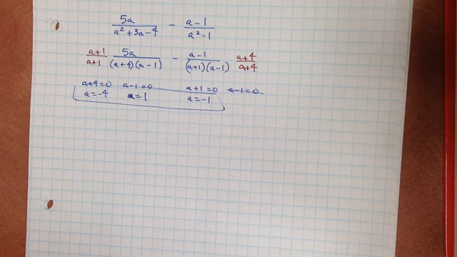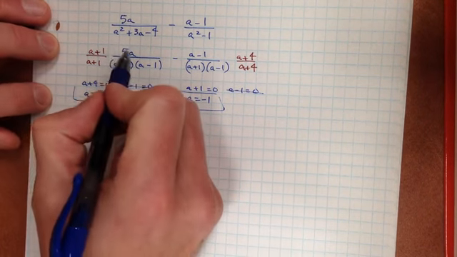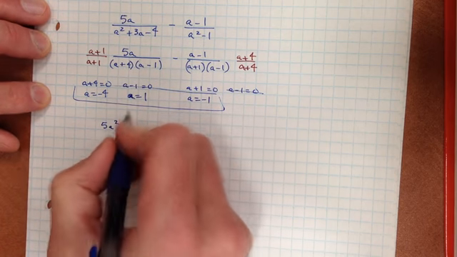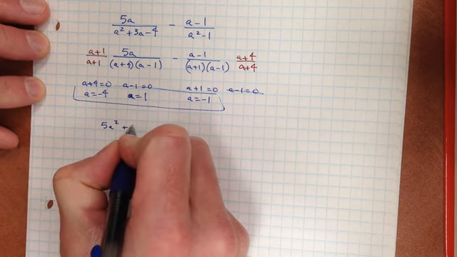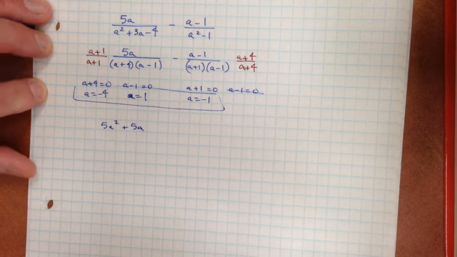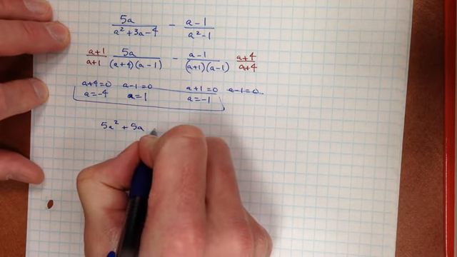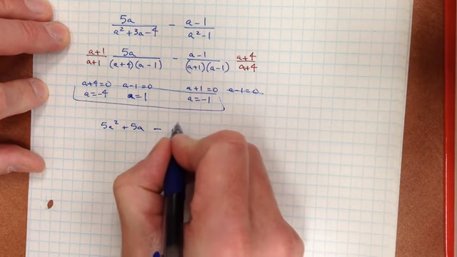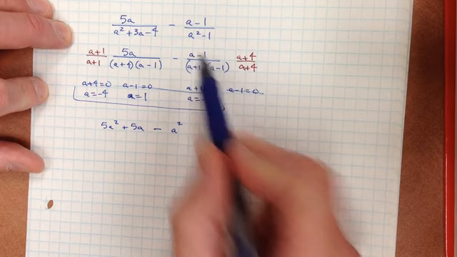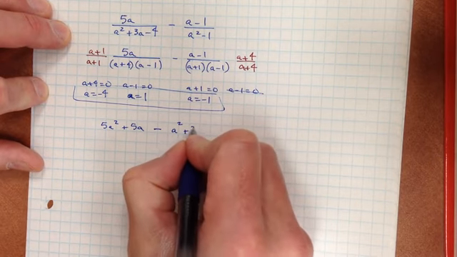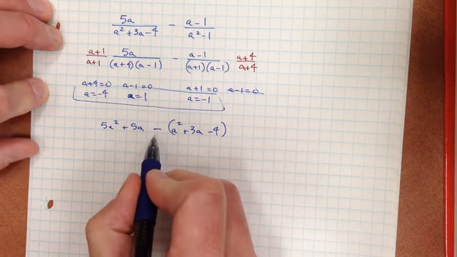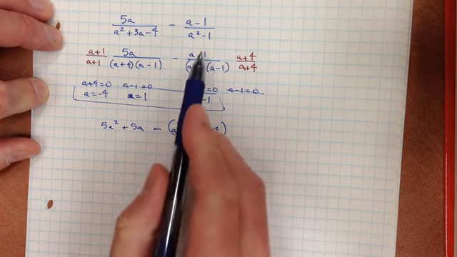So now it is some distributing here. 5a times a, 5a squared, 5a times 1, positive 5a. Minus all of this. Okay, so now this is a times a squared, 4a, negative a, so that would be a positive 3a, and then a negative 4. Don't forget though, it is subtraction, so this whole thing is being subtracted.